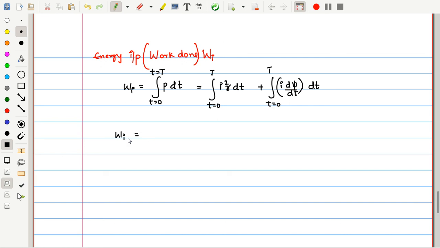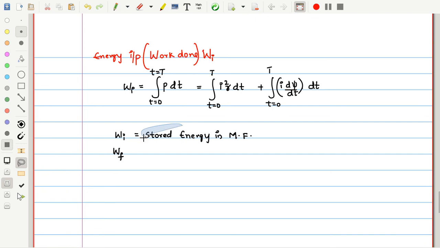So Wi, now can I say this as the stored energy inside the magnetic field, in MF, meaning magnetic field. So hereafter we try to represent the input, or simply the stored energy.